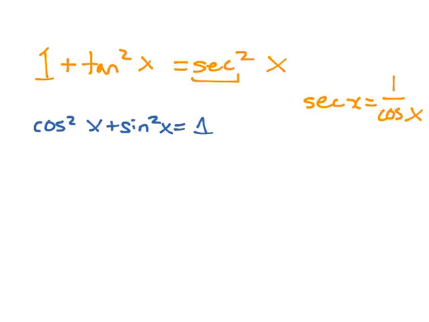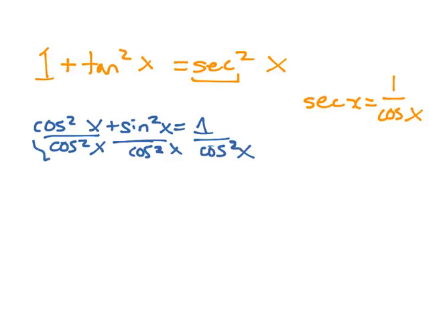If we divide everything here by cosine squared, we get, this should be cosine squared, cosine squared, then this simplifies to 1, and then sine over cosine is tan, so that's tan squared x is equal to secant squared x.